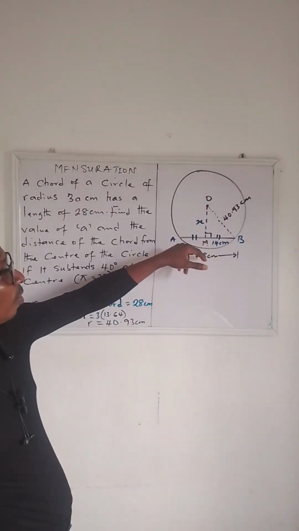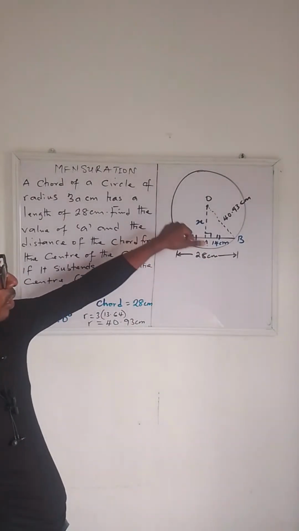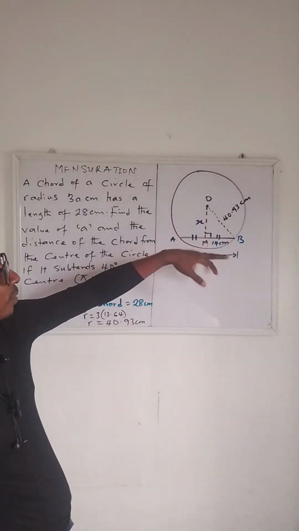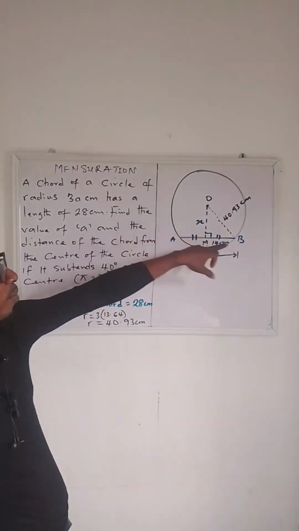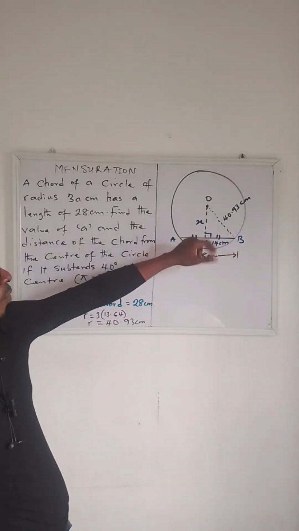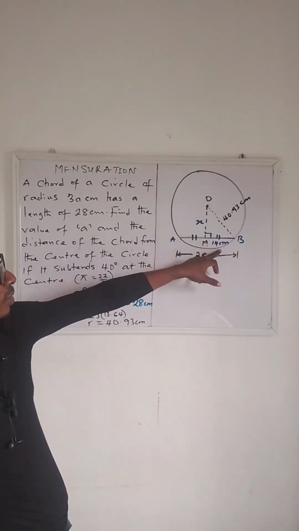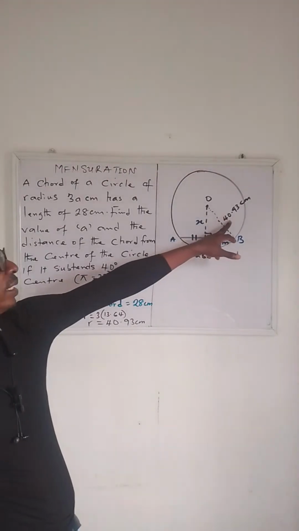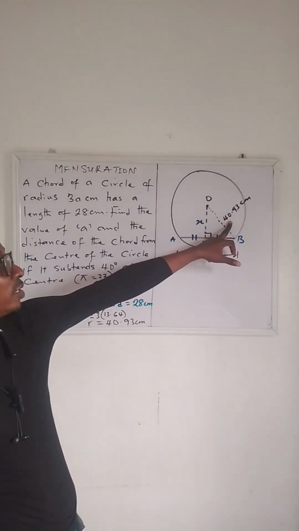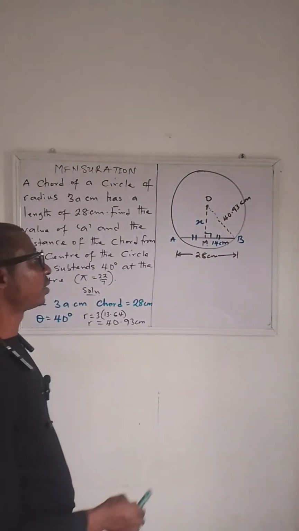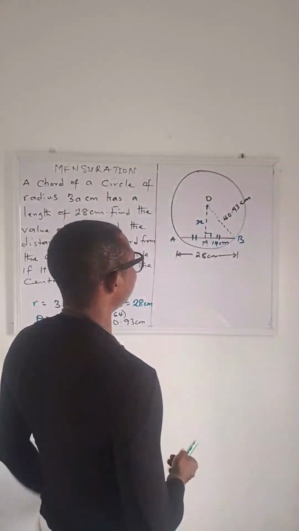So can you see, what are you seeing now? Can you see a right angle triangle? All right, right angle triangle OMB. So now we have the two sides, 14 centimeters and x, and the hypotenuse, which is 40.93. Okay, so let's use the Pythagoras theorem.